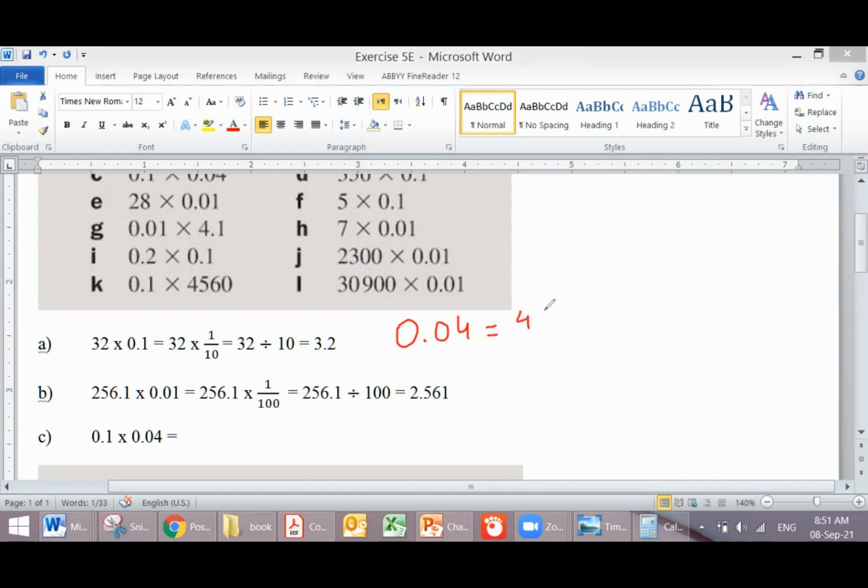I can write it as 4 multiplied by 0.01. Okay, 0.04 is equal to 4 multiplied by 0.01. I can write it in this form.